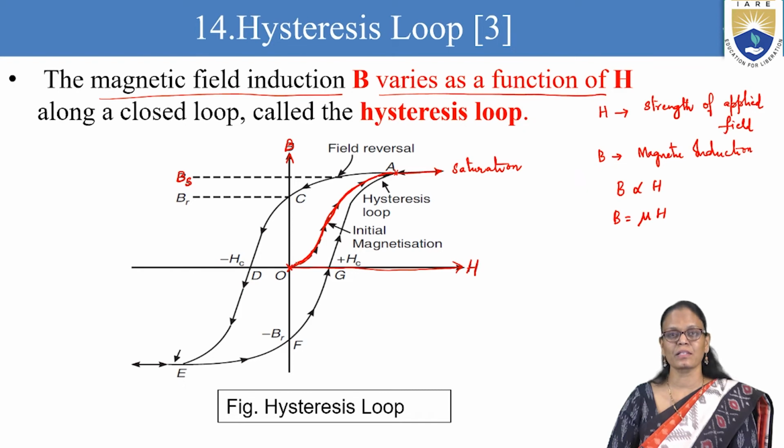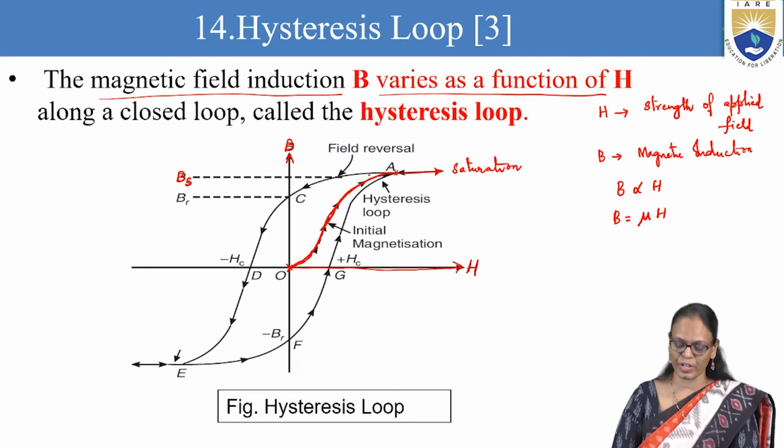But that does not happen. The curve traces a different path: when we withdraw the field, it goes along AC, not along AO.